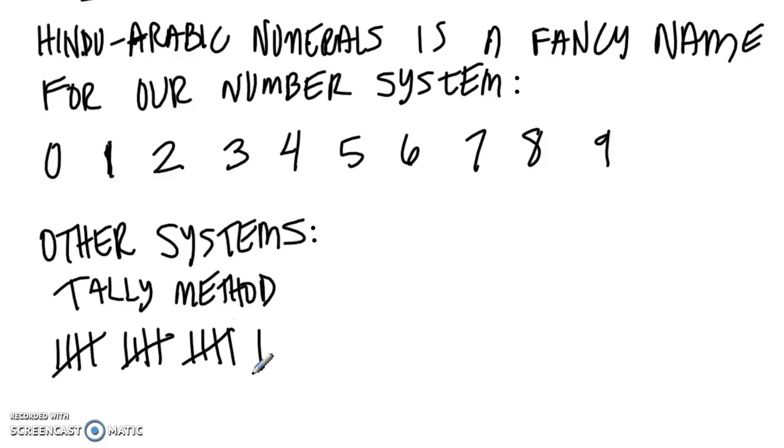In fact, they've found counting on bones. You could look it up. They would use old animal bones and do tick marks on the bone to count. Then we had Roman numerals, a little more developed, just not very convenient.